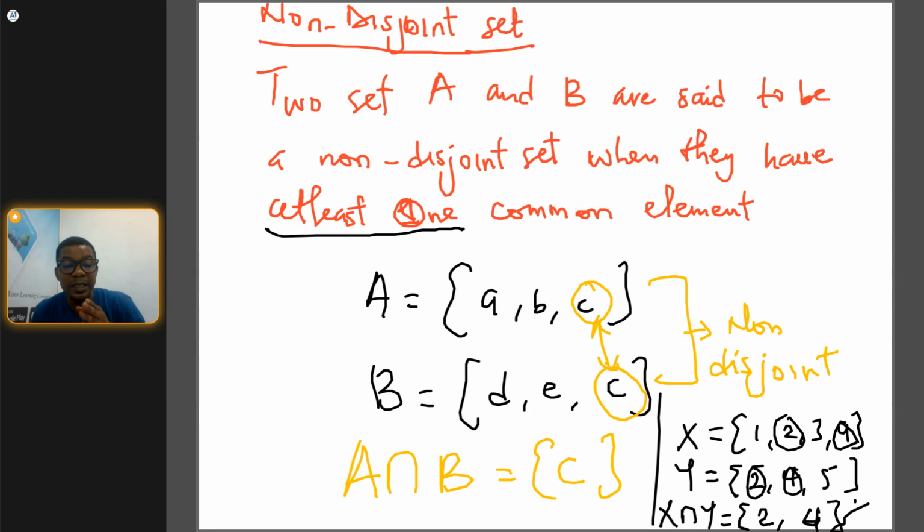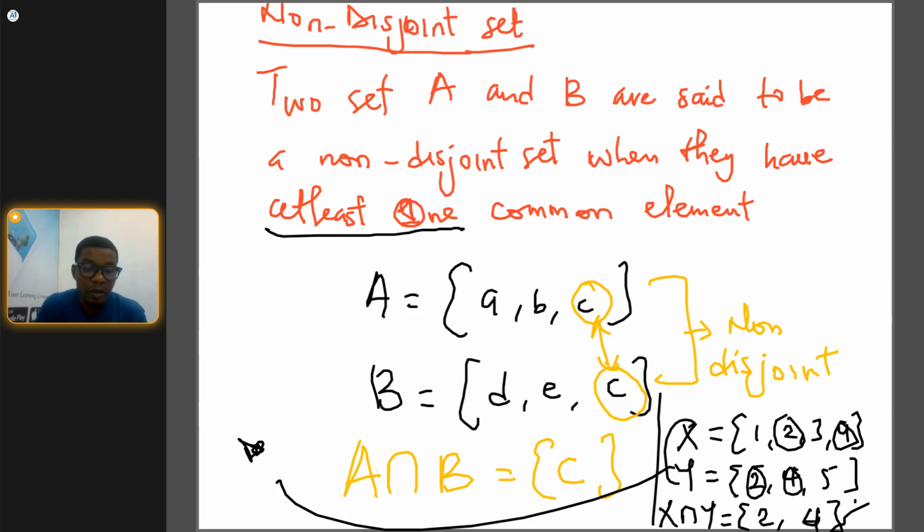So you can see that in this case we now have two elements inside their intersection. So it is not always going to be 1. It can be 1, it can be 2, it can be more than 2, more than 3. But the fact is that they have some elements in common. So in this illustration also, X and Y are non-disjoint.